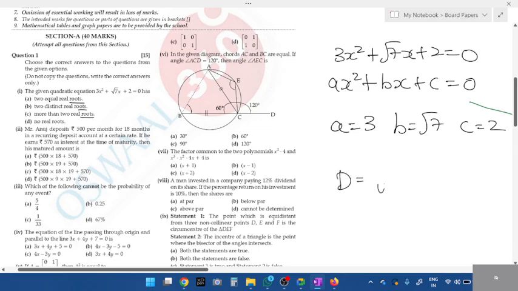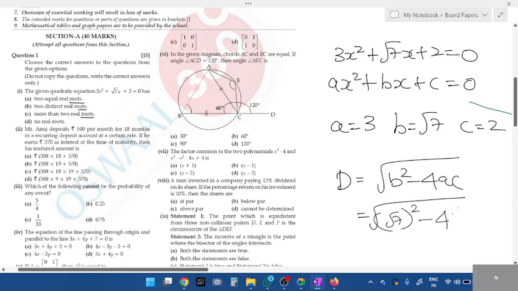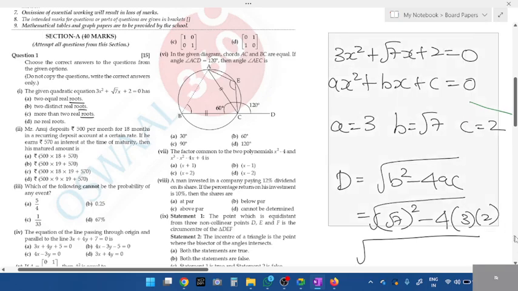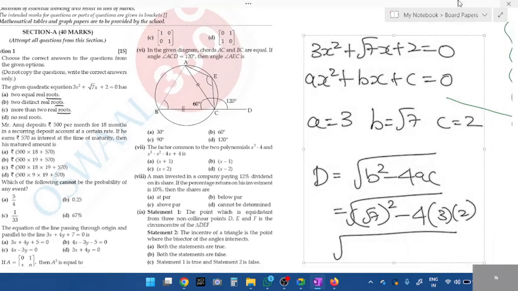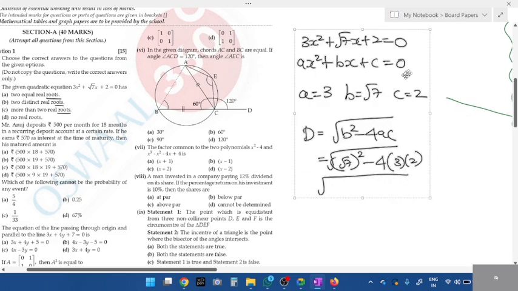What is the formula? D is equal to square root of... Okay, let me solve this. B square. You have to be very quick while solving. Square root of 7 minus 4 into 3 into 2. What's the answer? What?